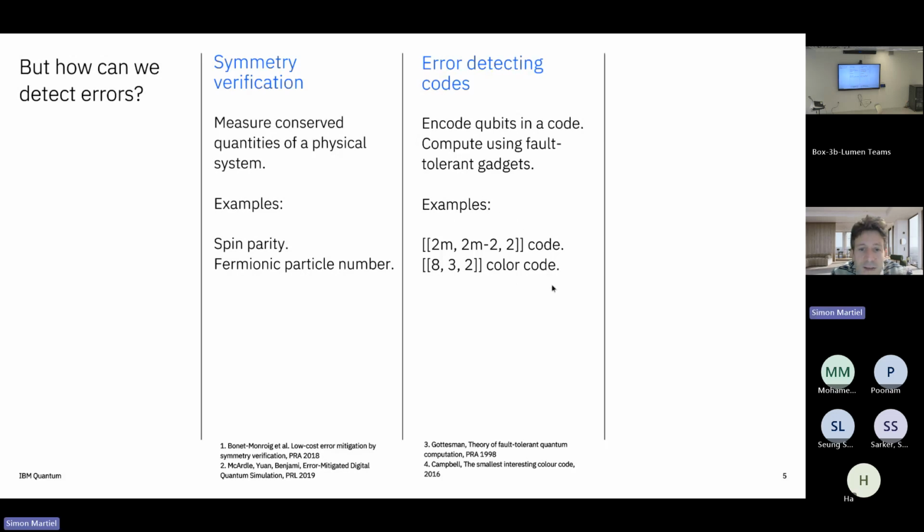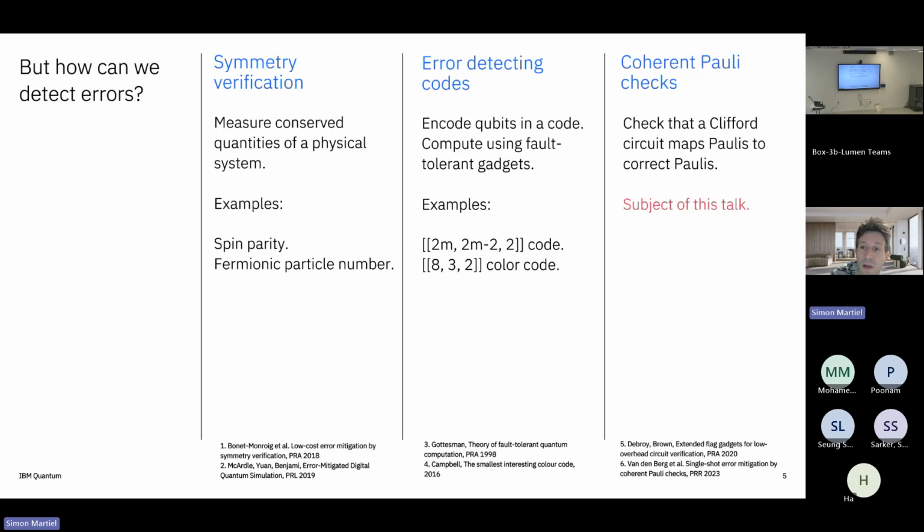This is usually the most direct approach, but usually the overhead is quite large. For instance, if you look at the bottom code here, in order to encode 3 qubits, you need 8 physical qubits. And this is just space overhead. This does not take into account the fact that you then need to implement logical gates onto these encoded qubits, and this can lead to quite a large gate overhead.